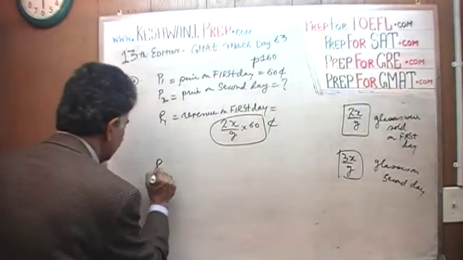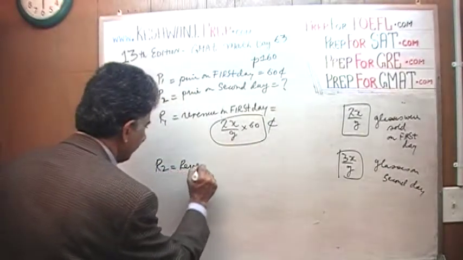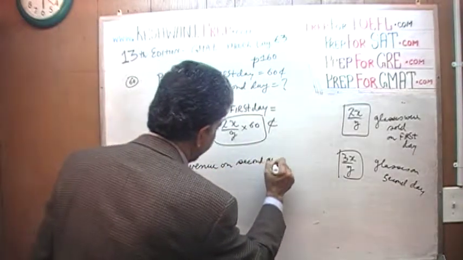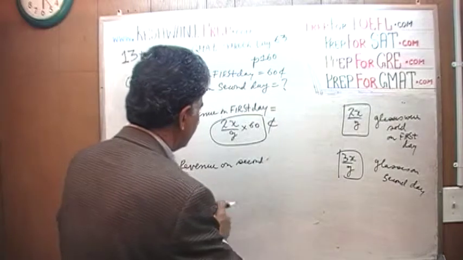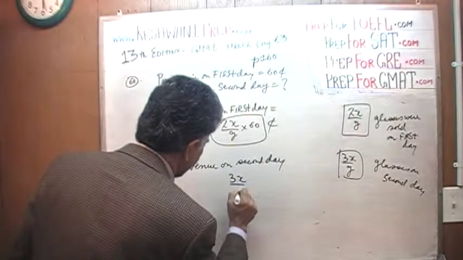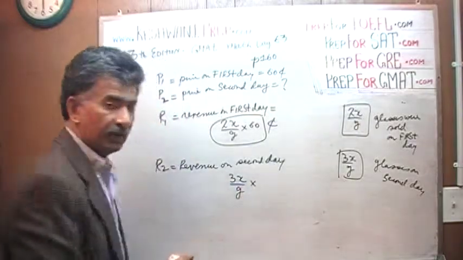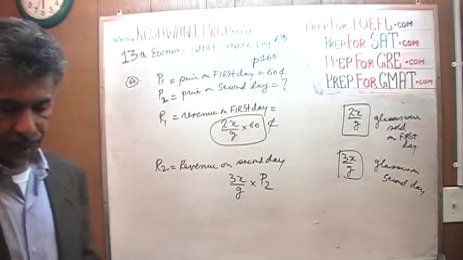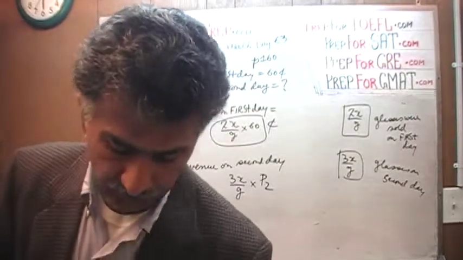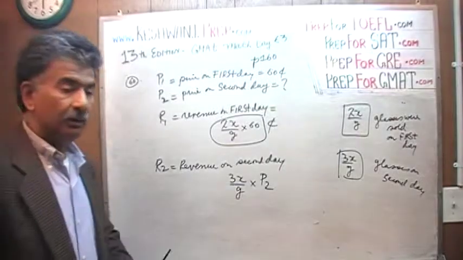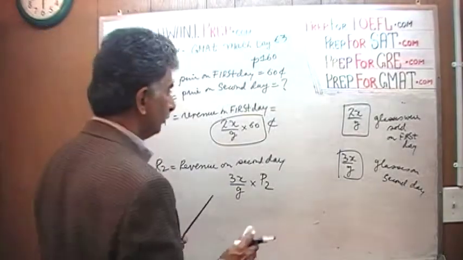And R2 is our revenue on the second day, which is the number of glasses sold times P2. Now all we have to do is equate the two and solve for P2, because we are told that the revenue on the 2 days is the same. On both days you earn the same revenue. So let's do it here.